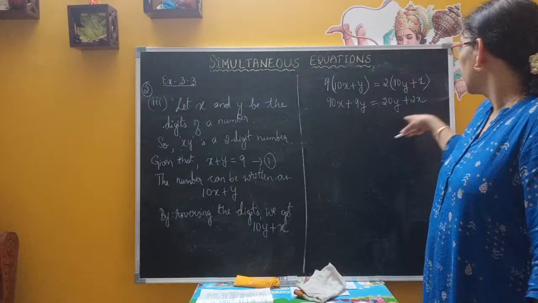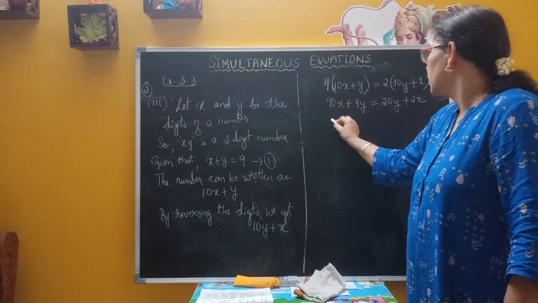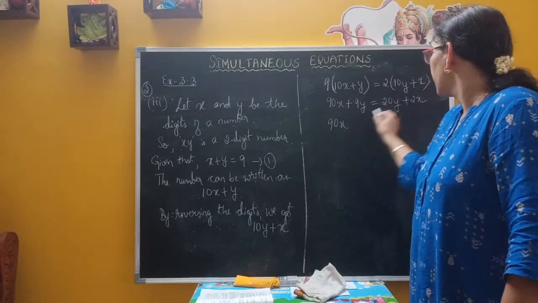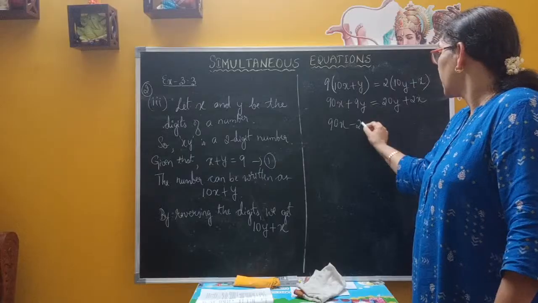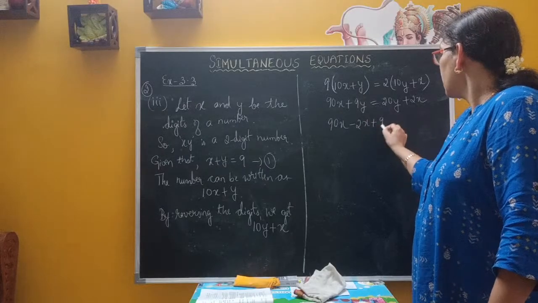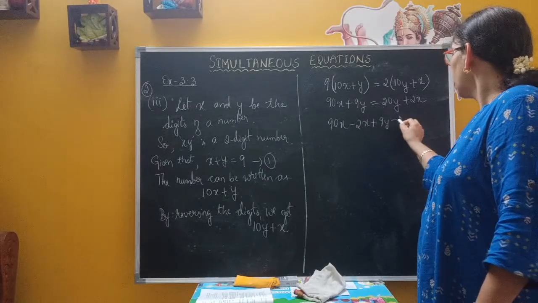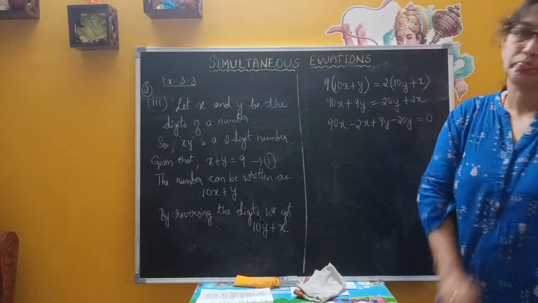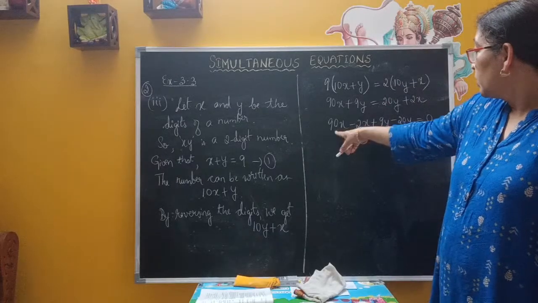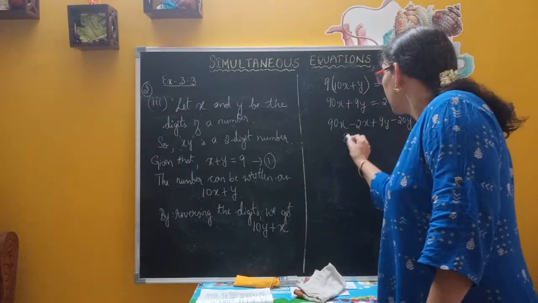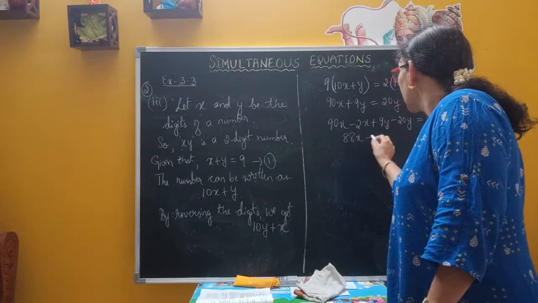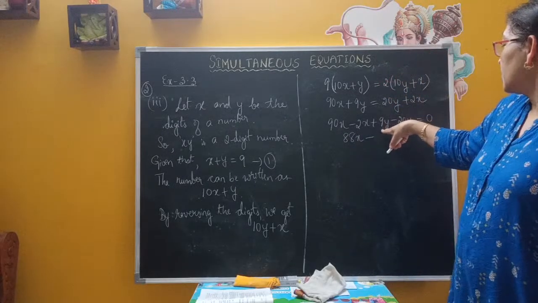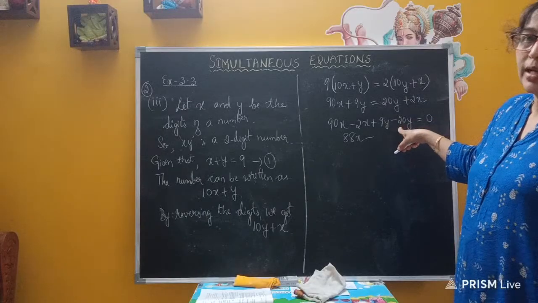Simplify. Bring these terms to LHS. 90x minus 2x if I transpose, plus 9y minus 20y is equal to 0. So 90x minus 2x, what do we get? 88x, and plus 9 minus 20, what do we get?